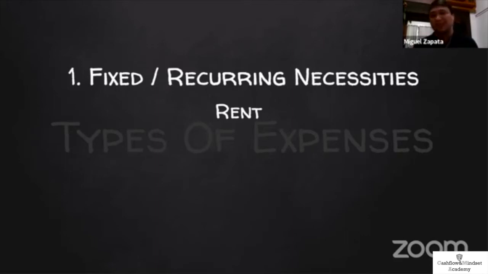Regular yan, pwedeng tumaas ng konti, pero more or less, it's something na you anticipate, alam mo kung magkano. Electricity, if yung regular na consumo ng per month, like let's say nag-range ka sa 1.6, 1.7, 1.8, and it's a regular thing, then you can put it on an average lang na ganun yung amount.